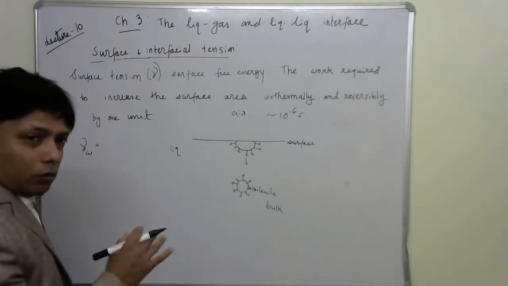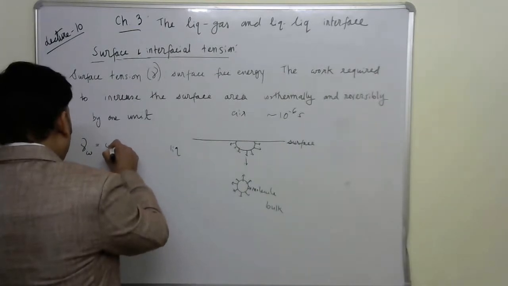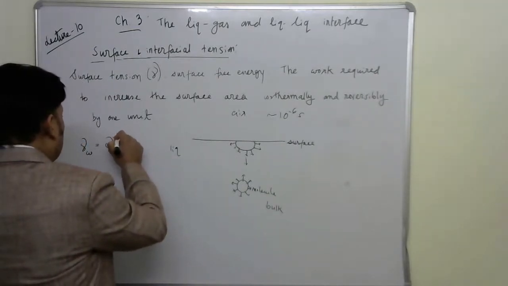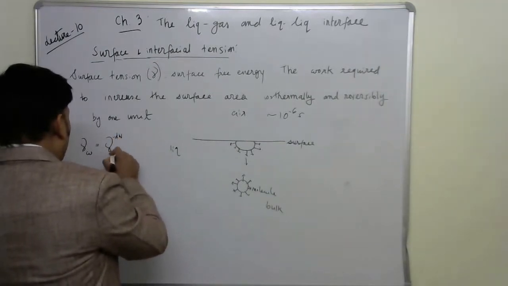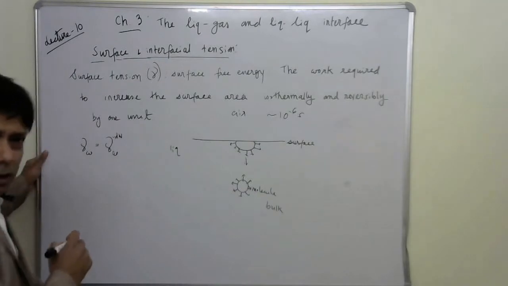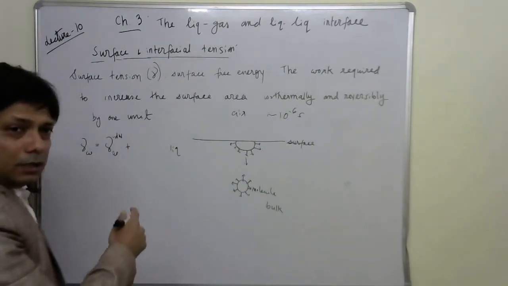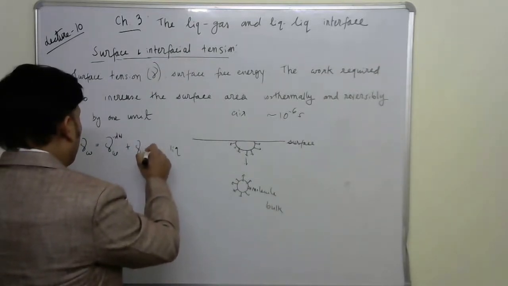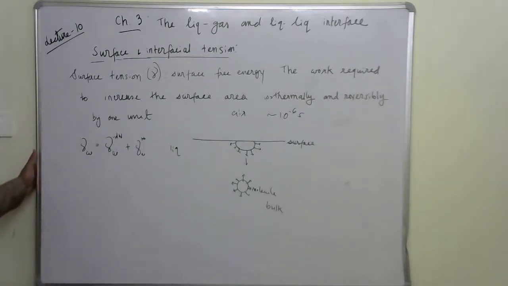By now we already know that the main reason for intermolecular forces is the van der Waals forces, present in any liquid or any substance. So gamma W is equal to gamma W van der Waals plus there is a special case happening in water, the hydrogen bonding. So we can write gamma W H, where H stands for hydrogen bonding.